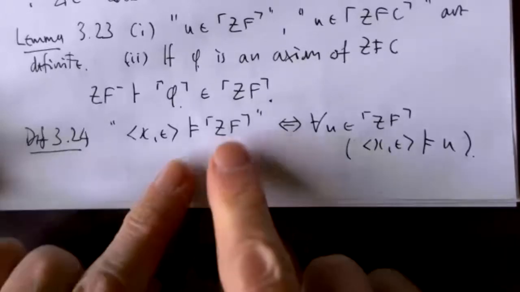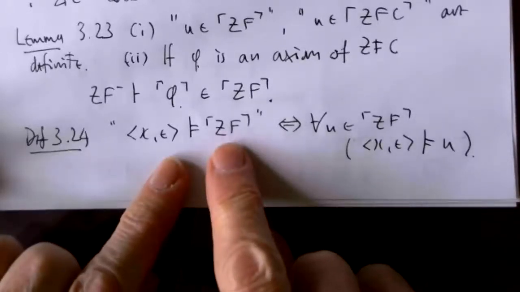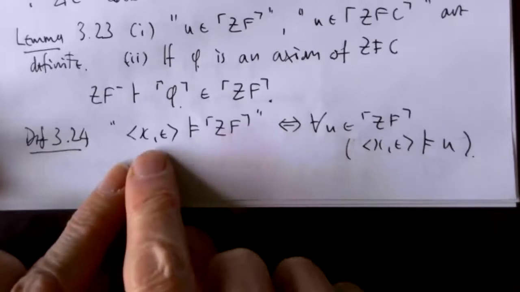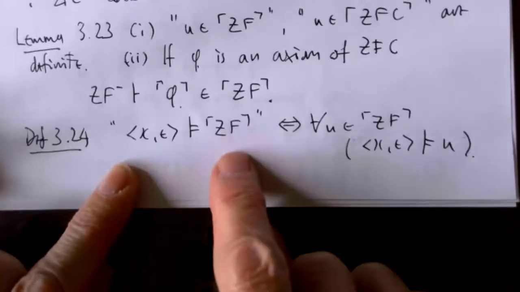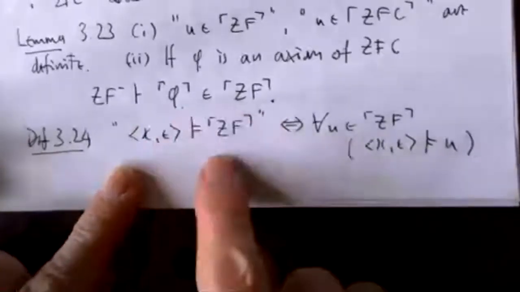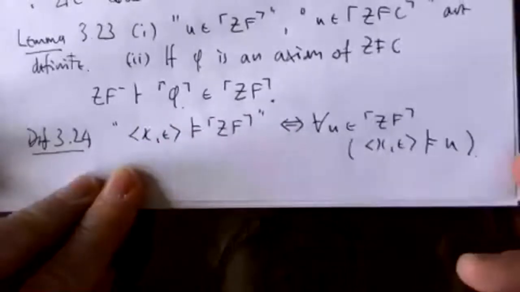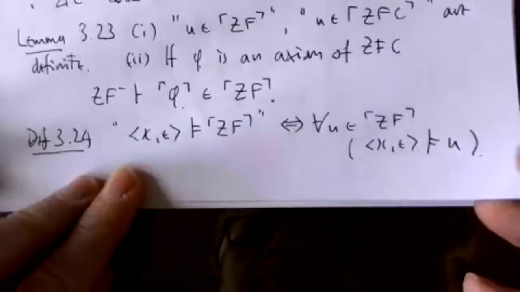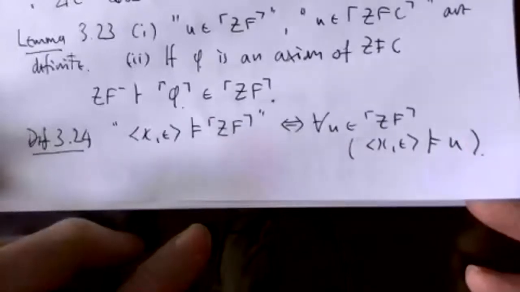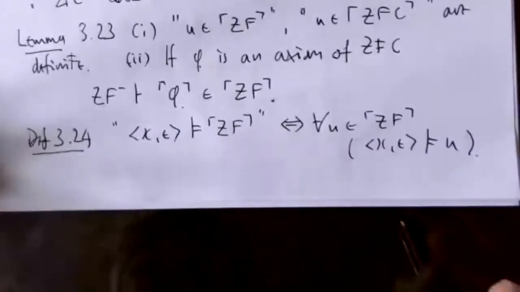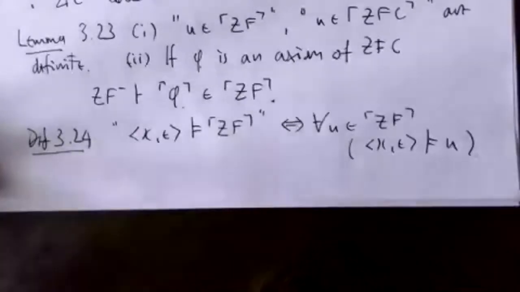So again, we have that this relationship, or this property of X, is again definite. So it's absolutely definite between transitive models of ZF minus. Right? Okay, so that's the kind of setup.